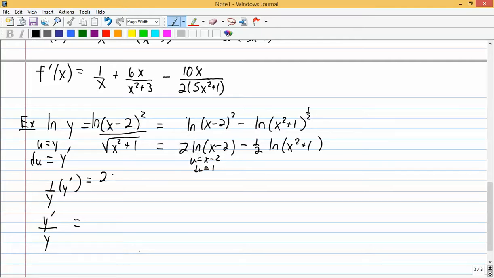So 2 times 1 over u, that's going to be 1 over x minus 2 times du, or times 1, minus 1/2 times, now for this expression my u changes. When I take the derivative, my u is equal to x squared plus 1, and my du is equal to 2x. So 1 over u, 1 over x squared plus 1 times du of 2x.